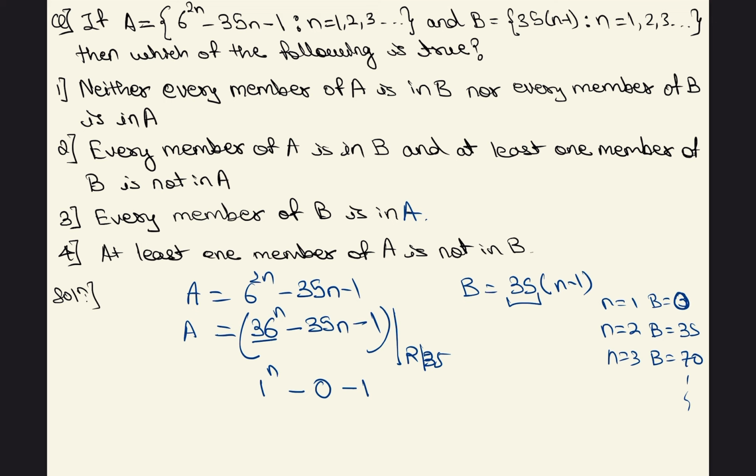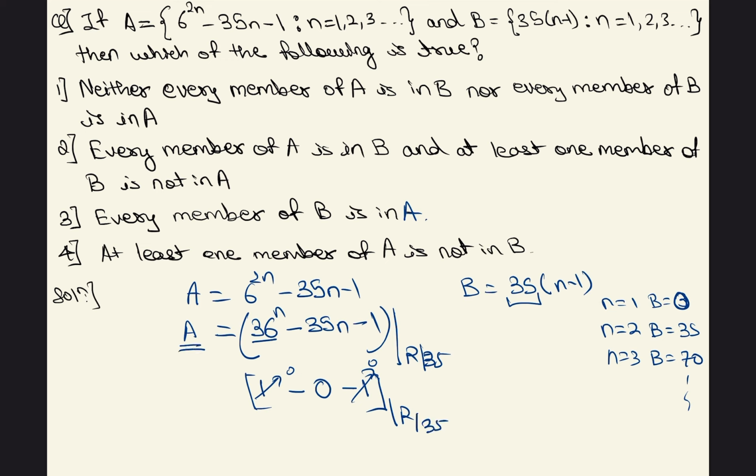Minus 1 in remainder form. So 1 raised to power n will become 1, so I'll just remove this n. Now 1 minus 1 becomes 0, this goes to 0 and this also goes to 0. Then there is no remainder for 35.